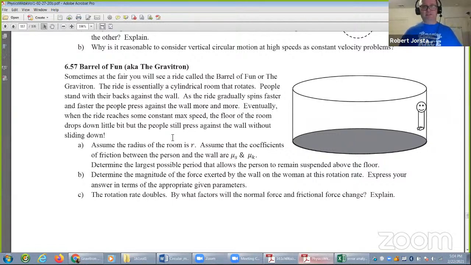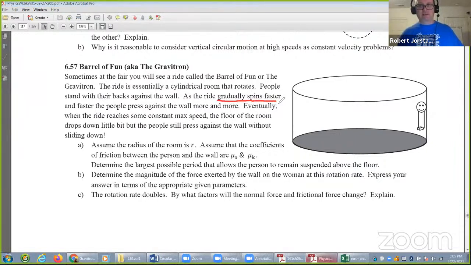It gradually spins faster and faster. Ding, ding, ding. An alarm bell just went off in my brain. When I see gradually spins faster and faster, that tells me something about this problem. That tells me something is approximately equal to 0. What? Take a guess. It's okay to be wrong.